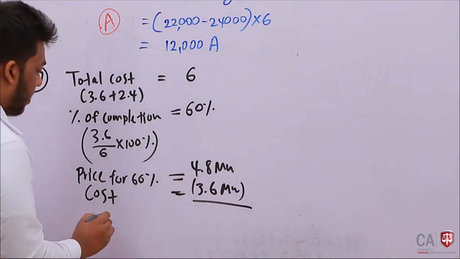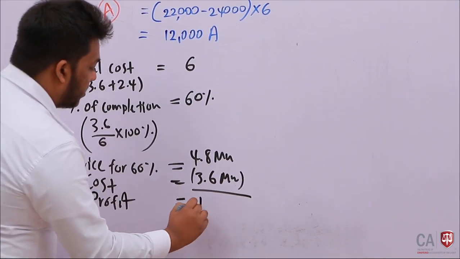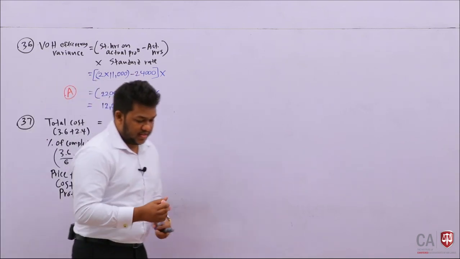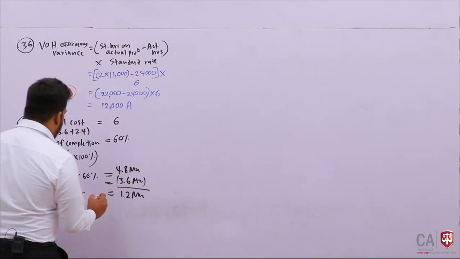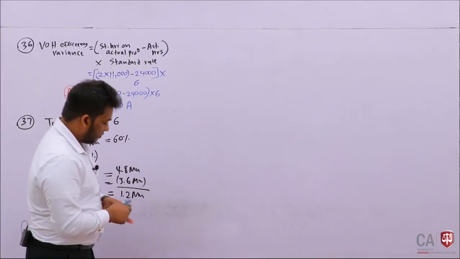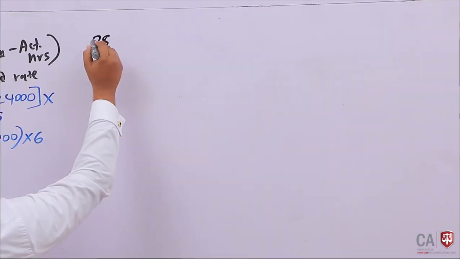When you get the price minus cost, you get the profit. Profit is 1.2 million. Very easy. For 37, the answer is A. Then you will have 38.